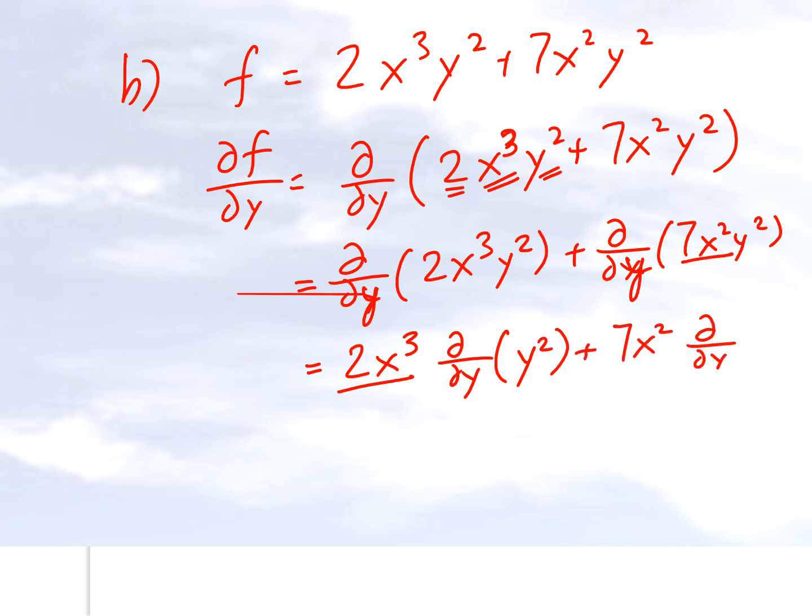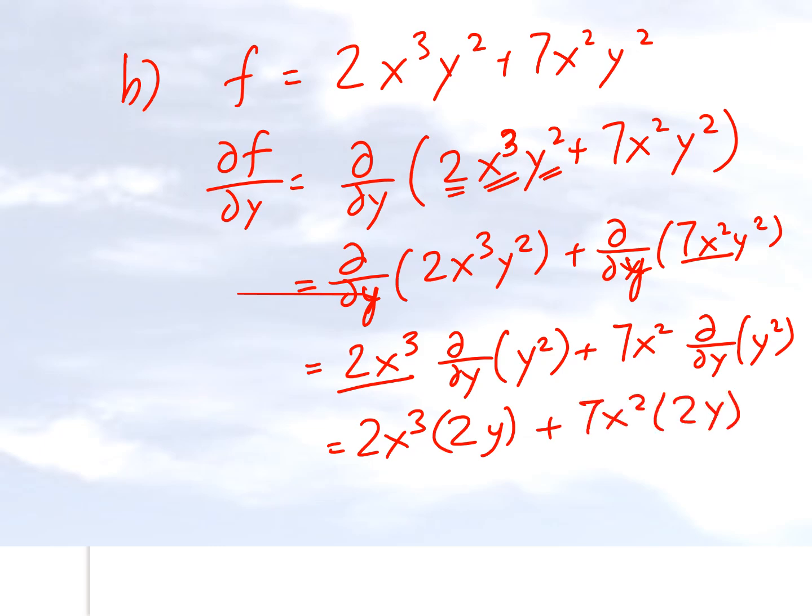It will be del by del y of y squared here. So I'll get 2x cubed times 2y plus 7x squared times 2y, and that gives us 4x cubed y plus 14x squared y. So that's the value of the derivative of the function with respect to y.